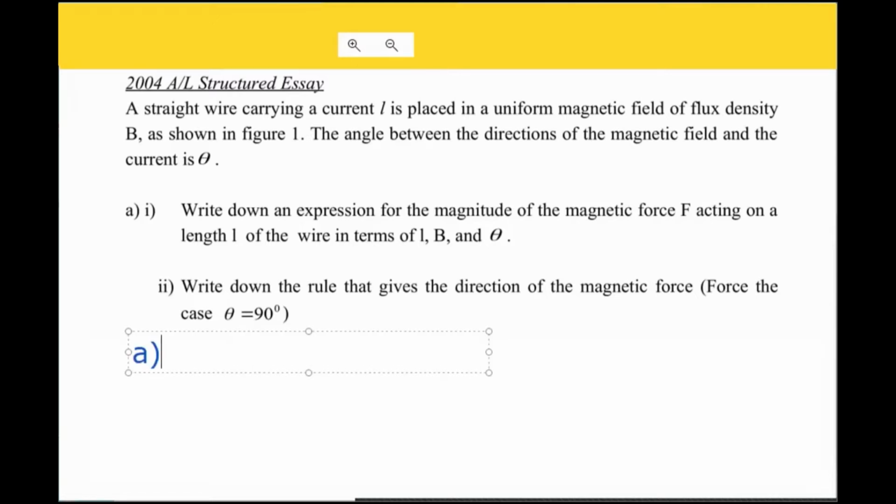Part A, Roman number 2. You should write the answer in words. Fleming's left-hand rule. Under that, you should write what the rule tells us, right?